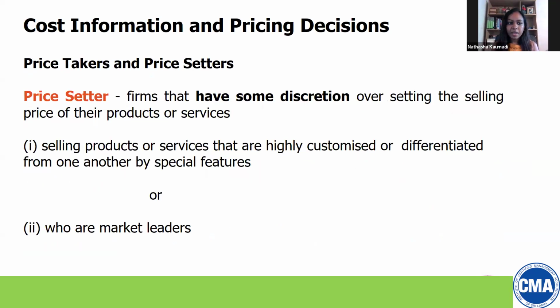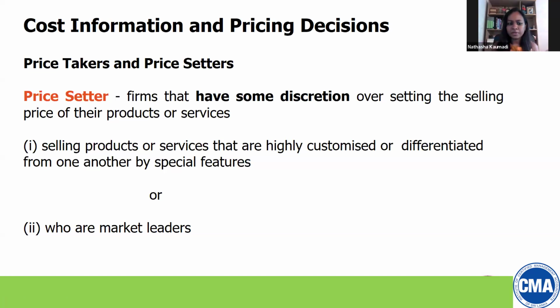Remember. And then the next type is price setters. Firms have some discretion over setting the selling prices of their products. Who are they? Those selling products or services that are highly customized or differentiated from one another by special features. You are unique, you are differentiated, so you can have your own market share. So you set the price.